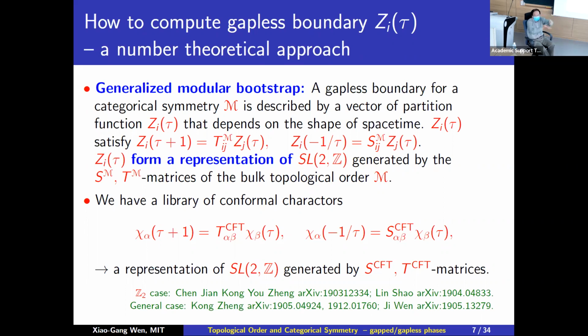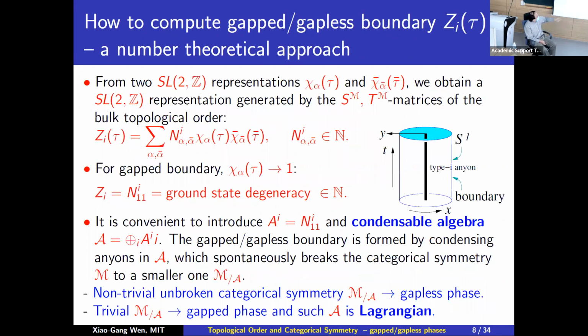Then we do some projection to go into the required one. So if you do this, we find there's a non-negative integer coefficient here to make this into a proper SL2Z representation.